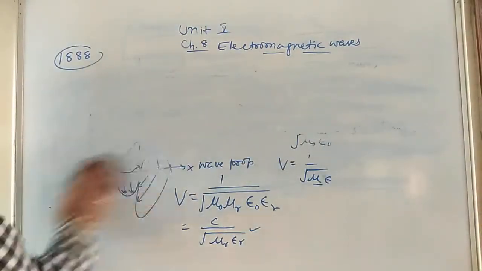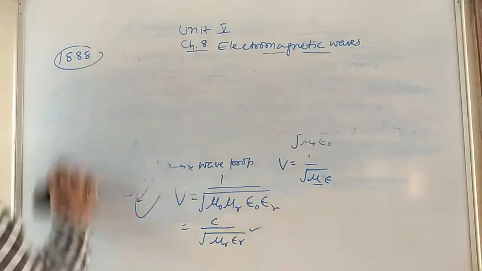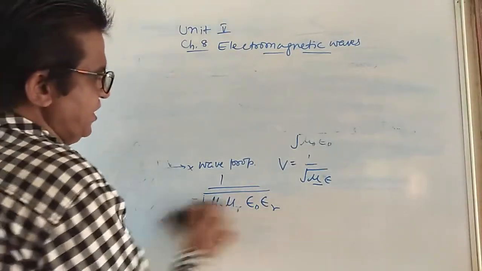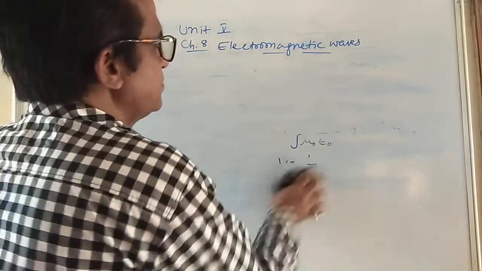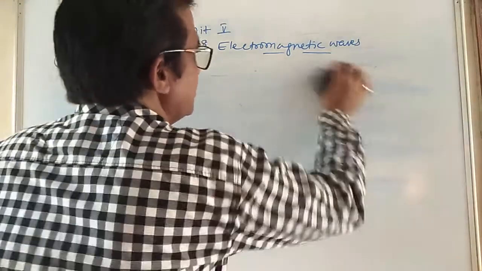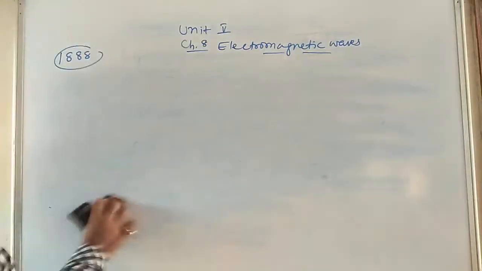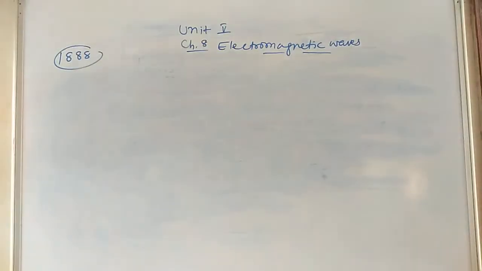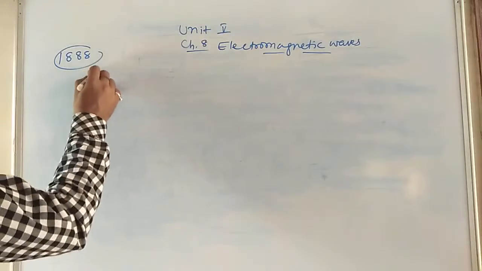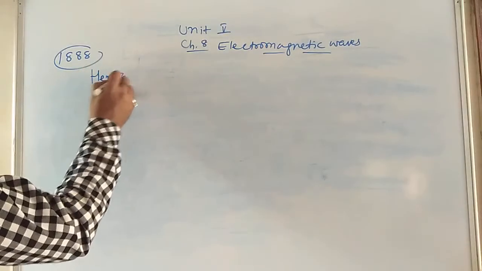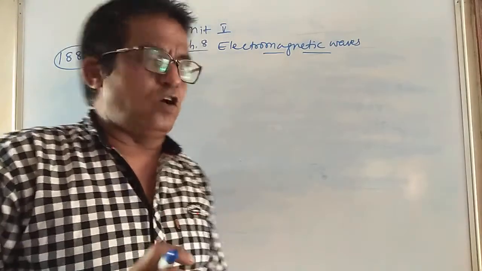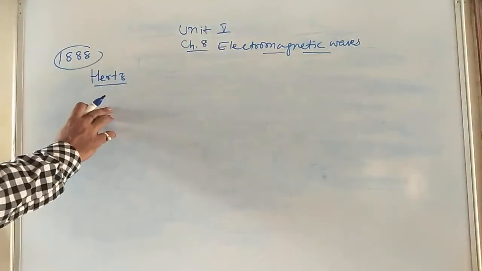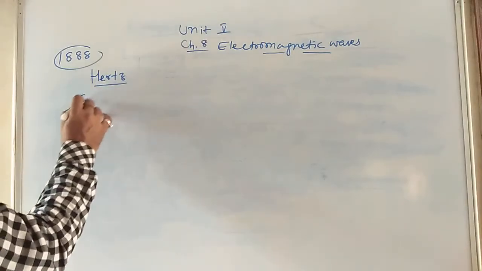In the year 1888, Hertz demonstrated the production of electromagnetic waves using a spark oscillator.